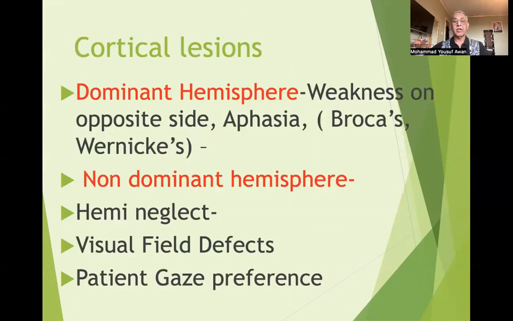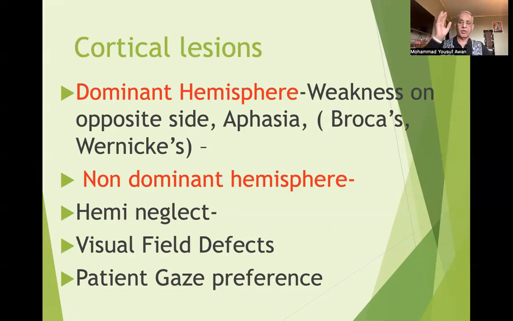So the cortical lesion, as I mentioned, depends upon which part of the cortex is involved, and whether it is the dominant hemisphere, which contains the speech area, or the non-dominant hemisphere, the other part of the brain in which the speech area is not located. A dominant hemisphere lesion will cause weakness on the opposite side of the body.